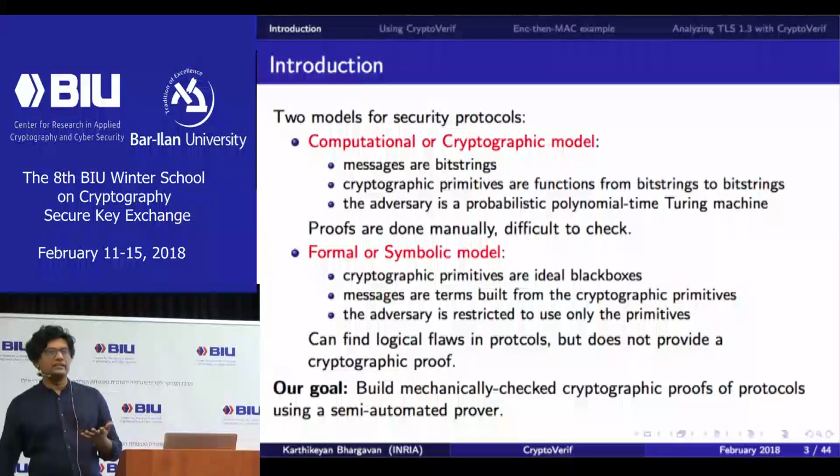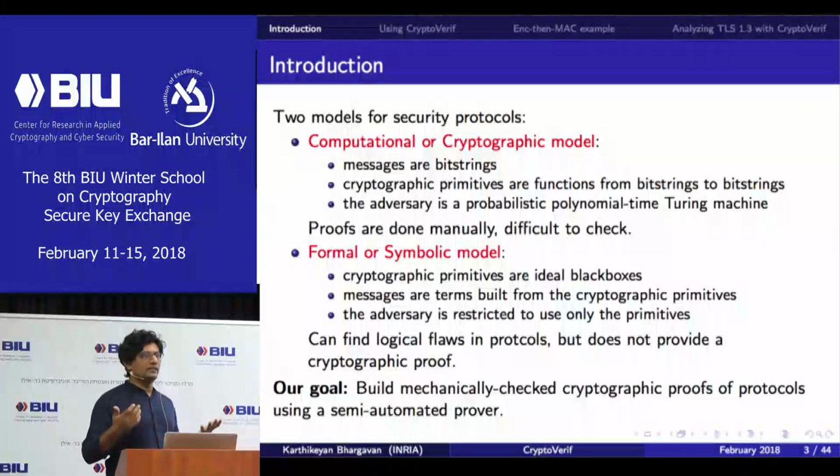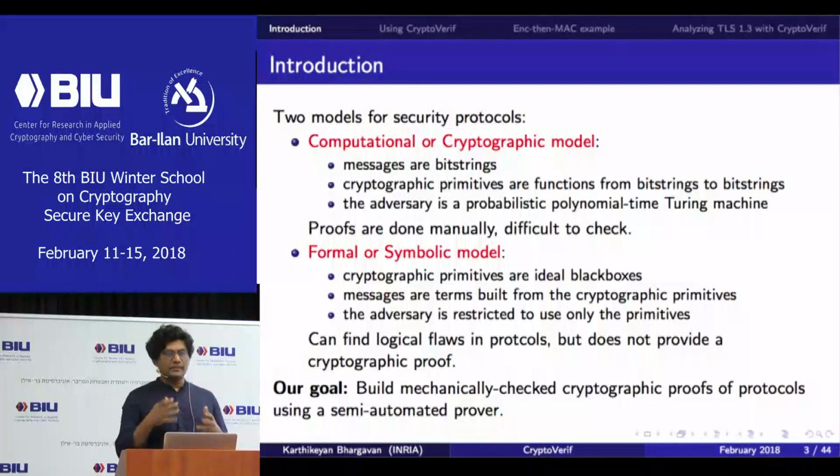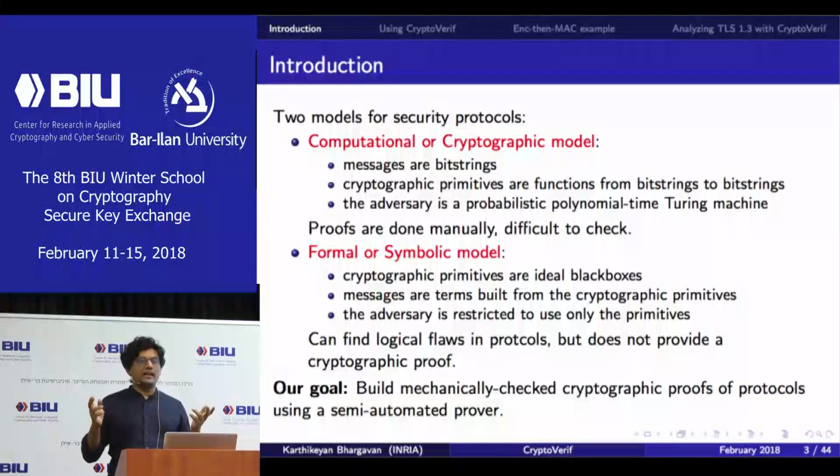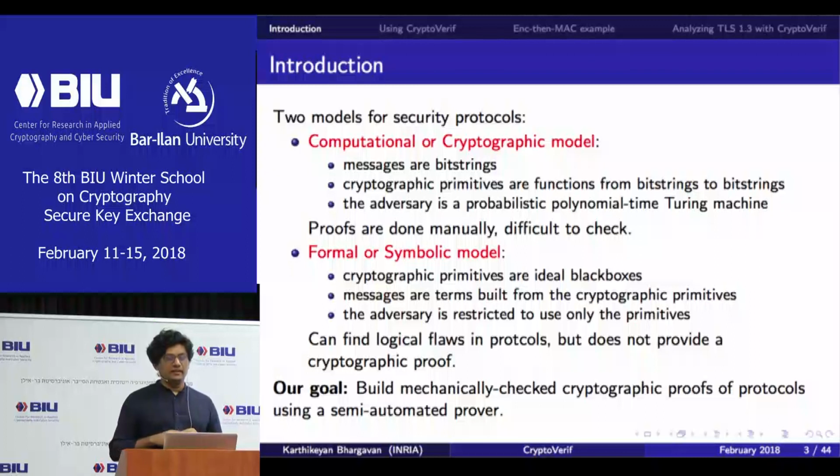Traditionally, the proofs in this model, like we've seen in this school, are done manually, and it takes some effort to check that they are correct. Whereas in the symbolic analyses I showed you, the primitives are ideal black boxes, somewhat unrealistically simplified.